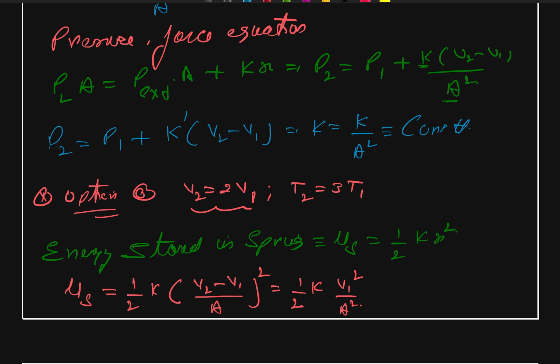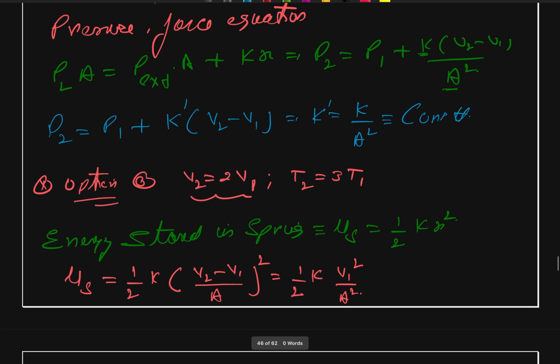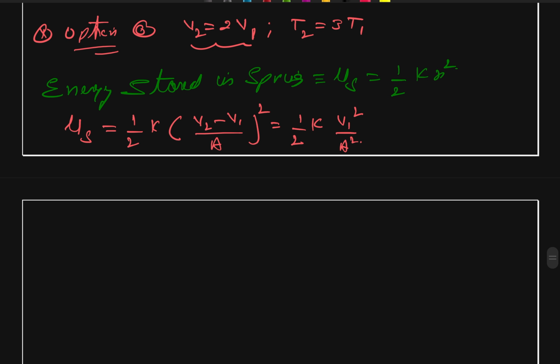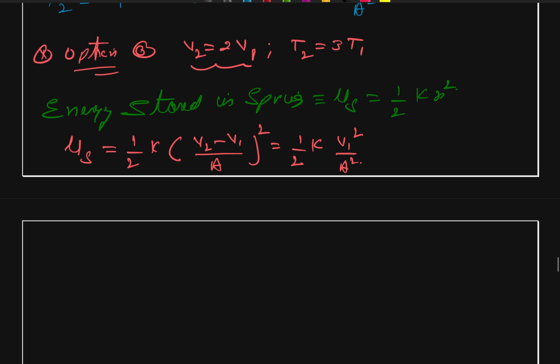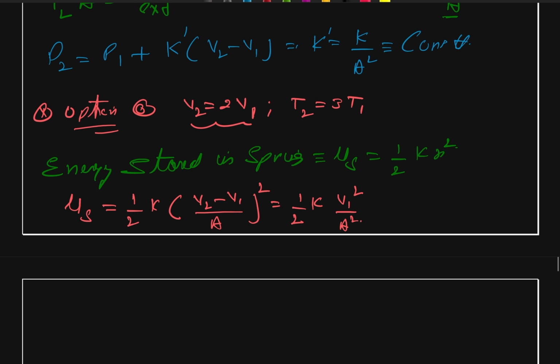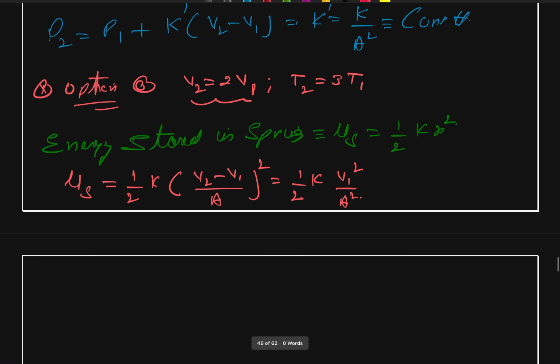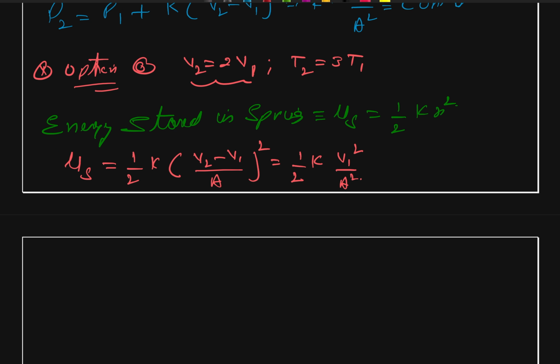K prime is equal to spring constant divided by A. Therefore K is equal to K prime A, so we get half K prime A square V1 square upon A square.